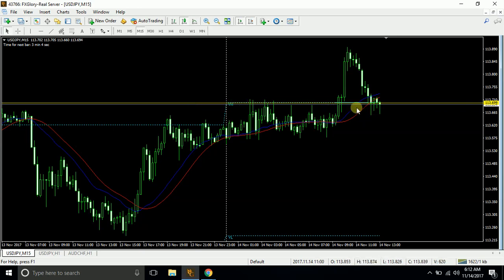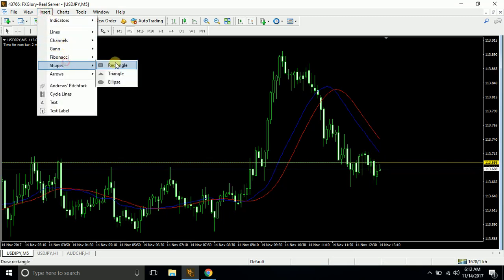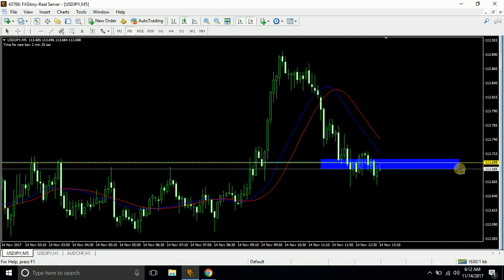So right now we have price pushing and trying to find a level of resistance. So we don't have a clear signal here on the 15-minute chart. But let's go to the 5-minute. Here on the 5-minute, we have weight pushing price down, at the same area that we already know is resistance.